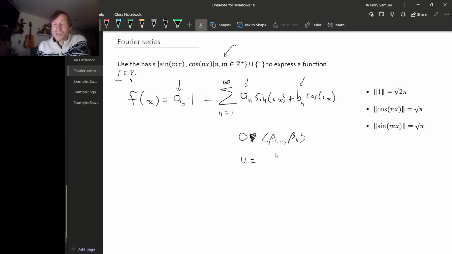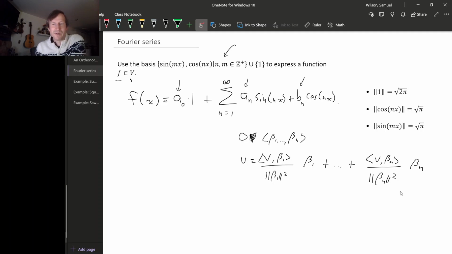So in the finite dimensional case, this would be v inner product with your first basis element divided by the norm squared of your first basis element times the first basis element, and then the same all the way down to the last basis element. So v inner product with your last basis element divided by the norm of your last basis element squared times your last basis element. Okay.